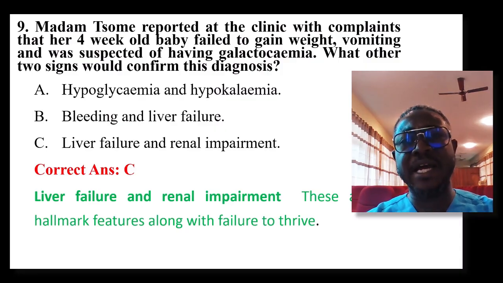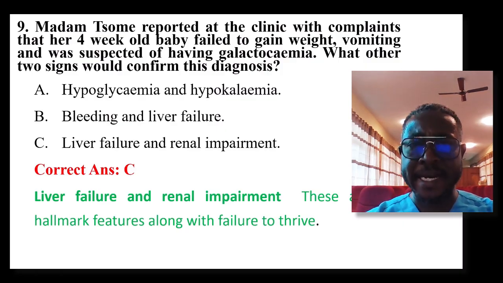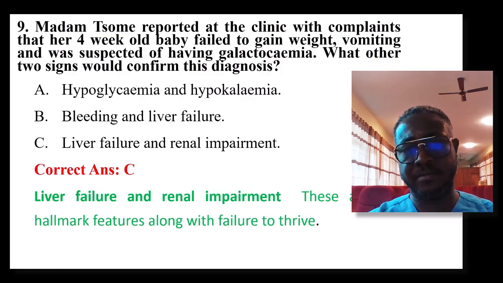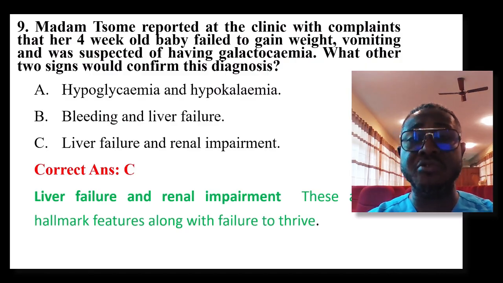When there's excess galactose in the blood, it can damage the liver, damage the renal system, and damage the eye. Okay, so the hallmark features of galactosemia are three: liver failure, renal impairment, and then failure to thrive.